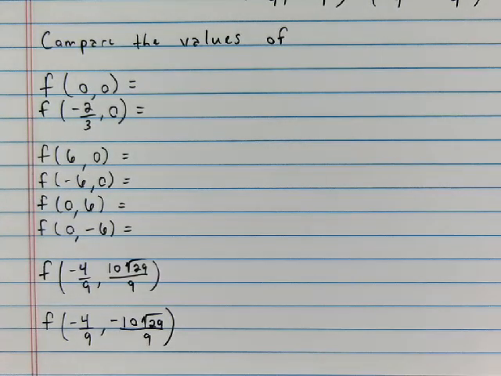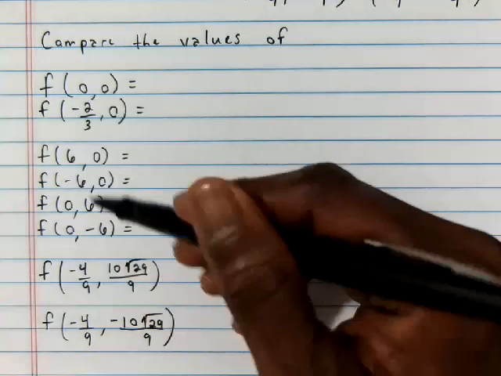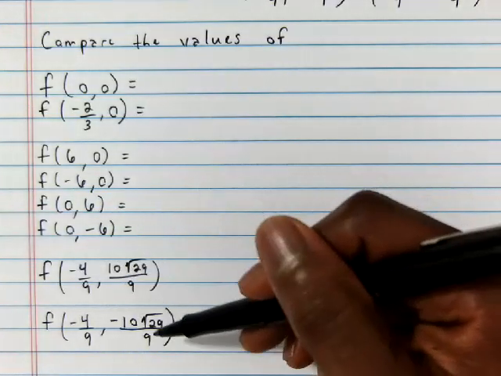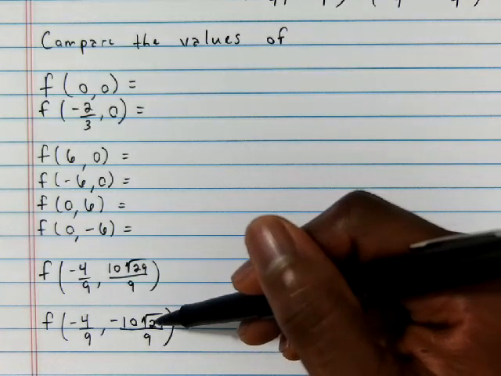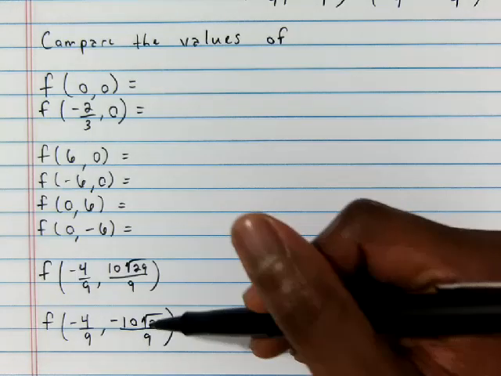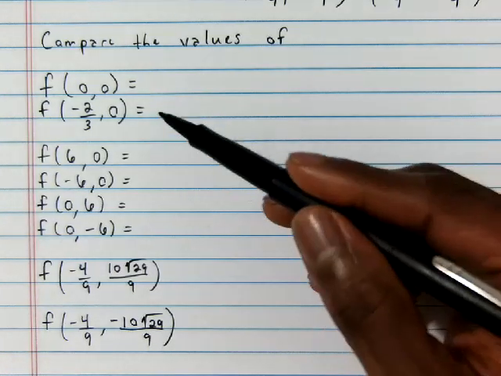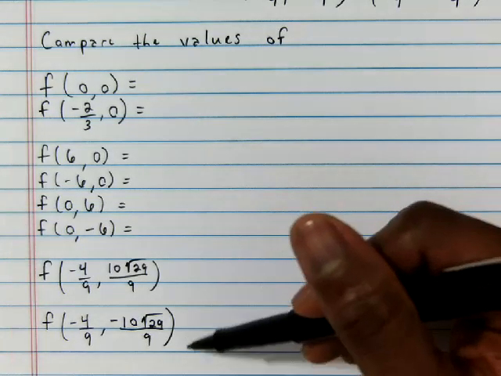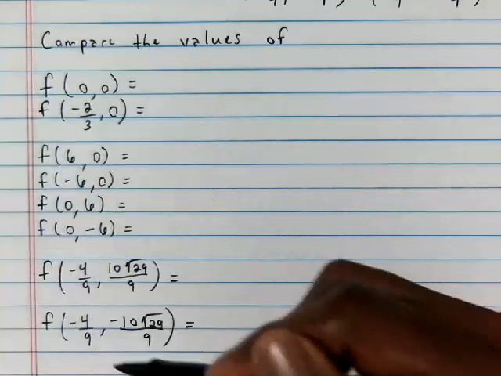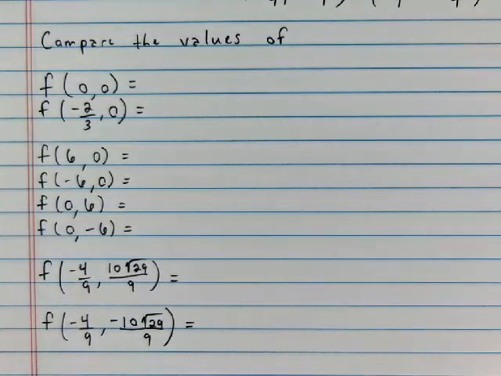And given our function for this problem, these first points would be fairly easy to do. For these four you'll probably want to use a calculator, or actually they're not too bad. You would put these in a calculator and see where you get the largest value and where you get the smallest value and what they ask for each.